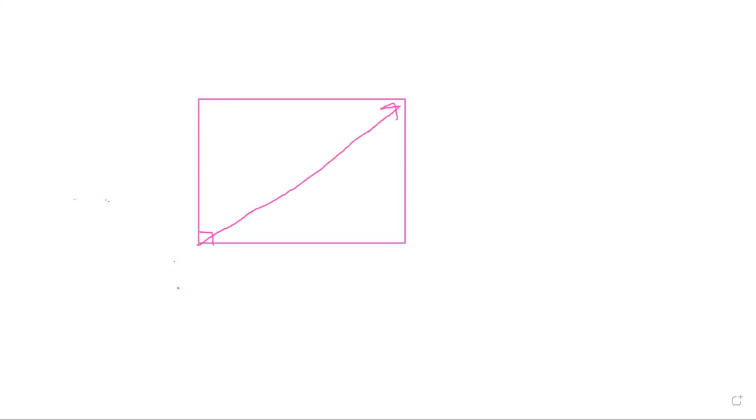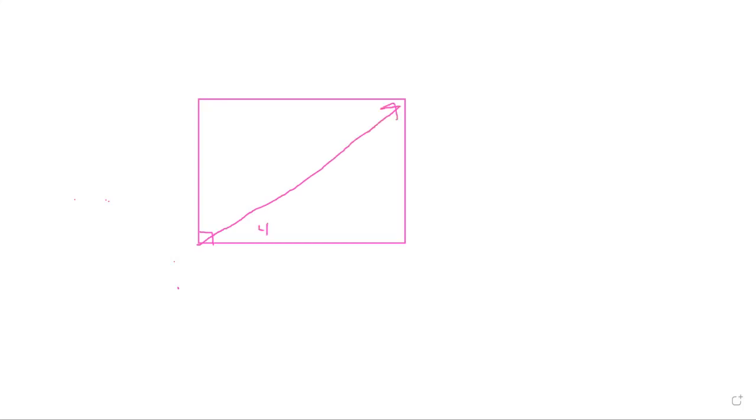Let's look at another one. So this one right here, this angle is again 90 degrees. We're not going to worry about this part. Let's say it goes perfectly through the middle here.